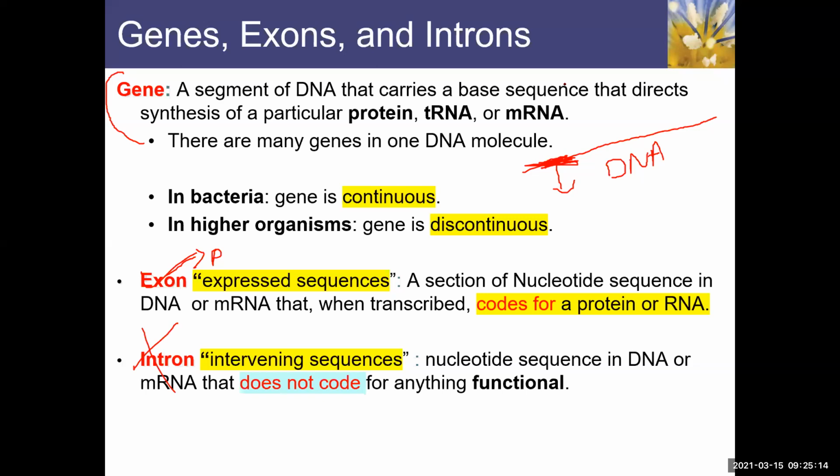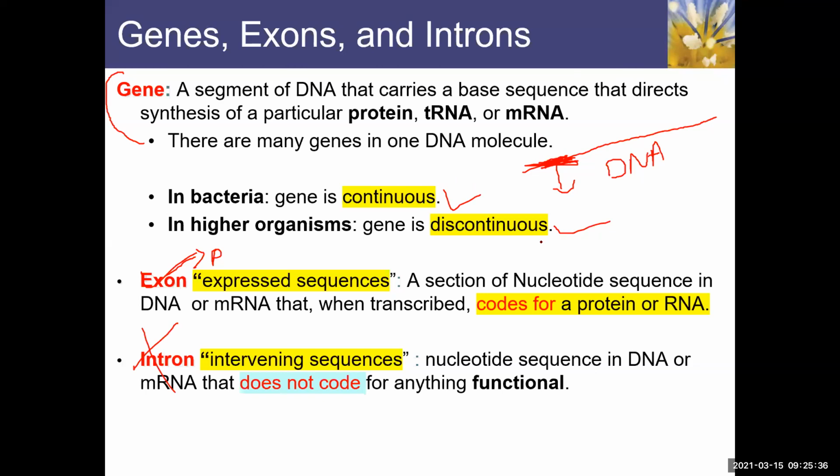Now, I don't know why, for some reason, they have brought in bacteria here. But anyway, since it's there in the book, we need to know about it. So, bacteria and the eukaryotes. What is the difference between genes in bacteria and genes in eukaryotes, like human beings?